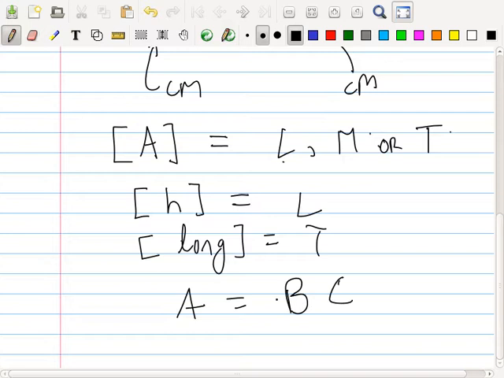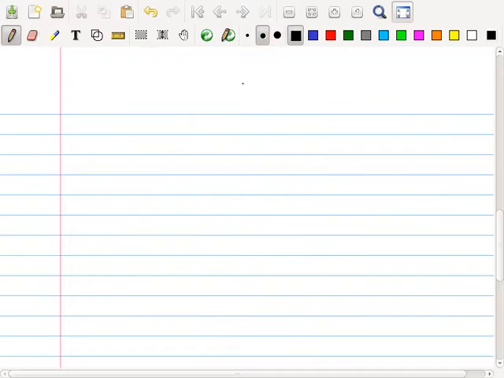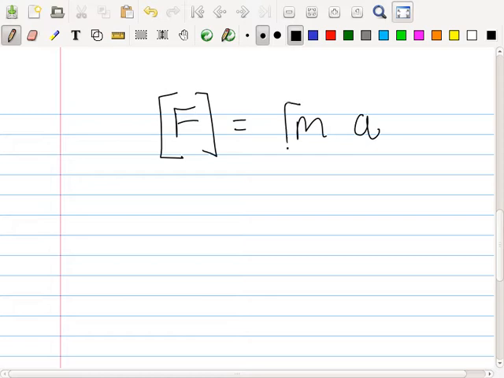Like for example, if I want to know what the units of A are, that would equal the units of B multiplied by C. I'll give you an equation, which we'll do later, but I think everybody has seen it before. F equals ma. So you could say the units for F are the same as these dimensions, these units here.